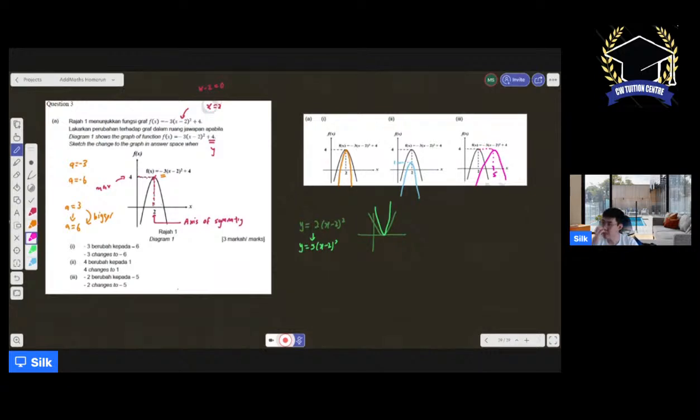Okay, any questions here? I think this is pretty straightforward. You all can understand this very clearly. This is very important. Usually they will ask this in the exam.